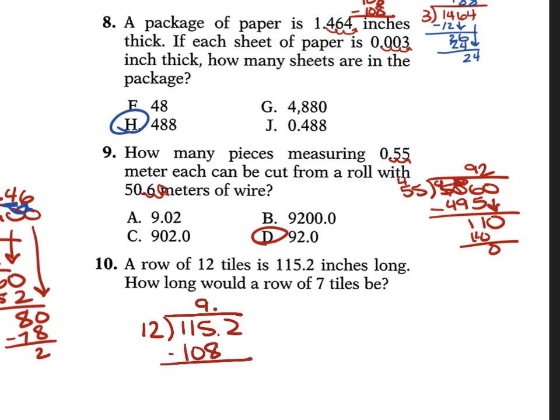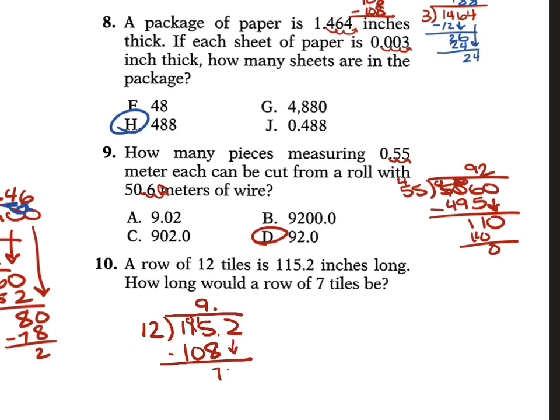I subtract these. And I know this because of the question before when I had to multiply the 12 times the 9. So with this, the 5 turns into a 15, making the 1 a 0. 15 minus 8 gives us 7.